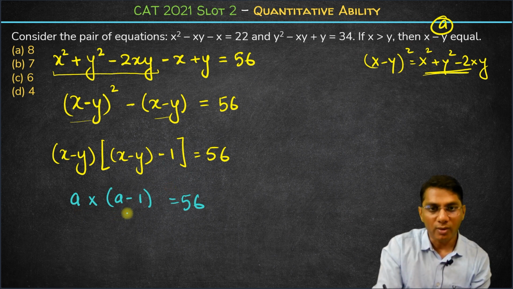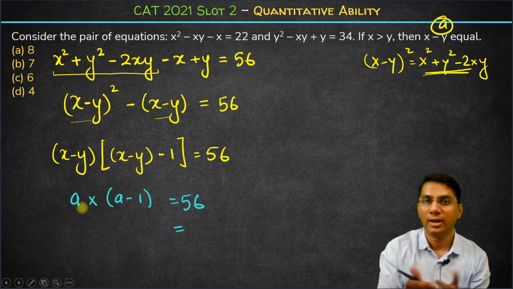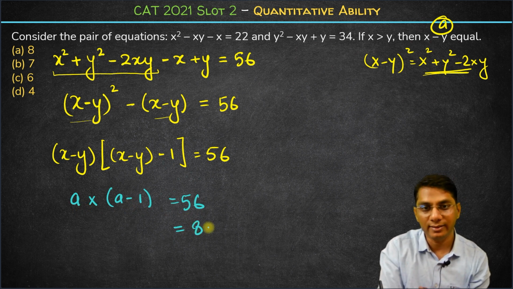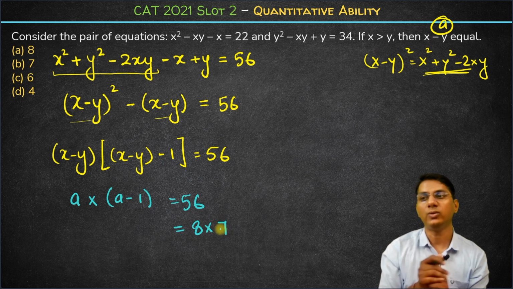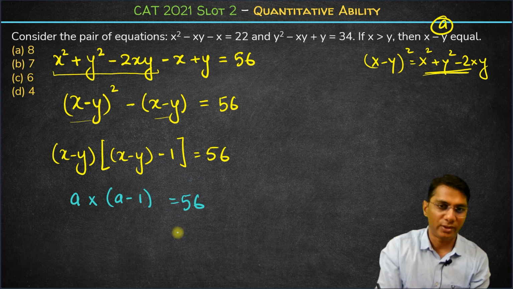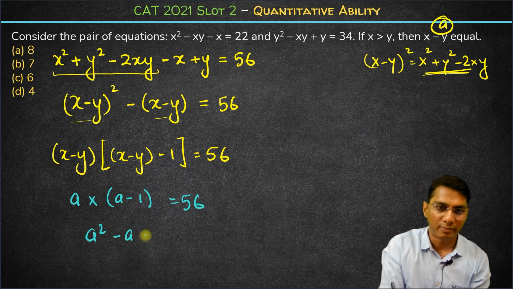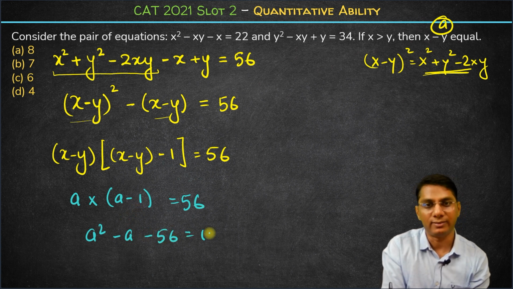So how can you write 56 as a product of two consecutive integers? The only way of writing it is 8 into 7, right? Or what you can do is you can form a quadratic here basically. So you'll have a square minus a minus 56 is 0.